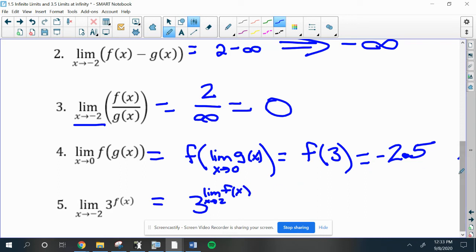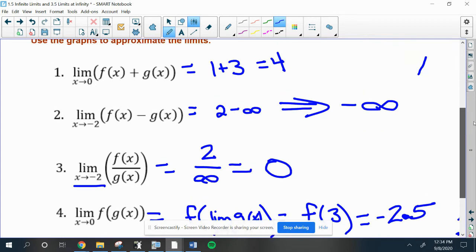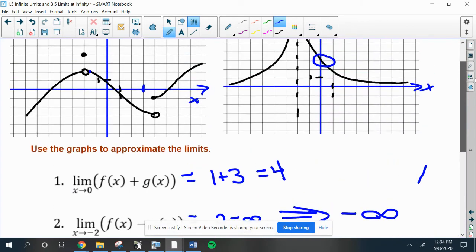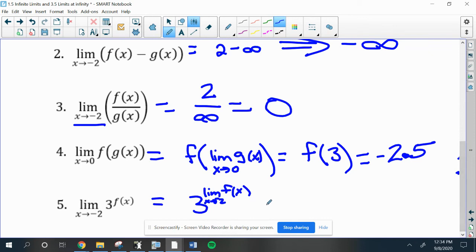Now the limit as x approaches -2 of f of x, got my negative there, is, as we saw before, 2. So this would just be 3 to the second, or 9.